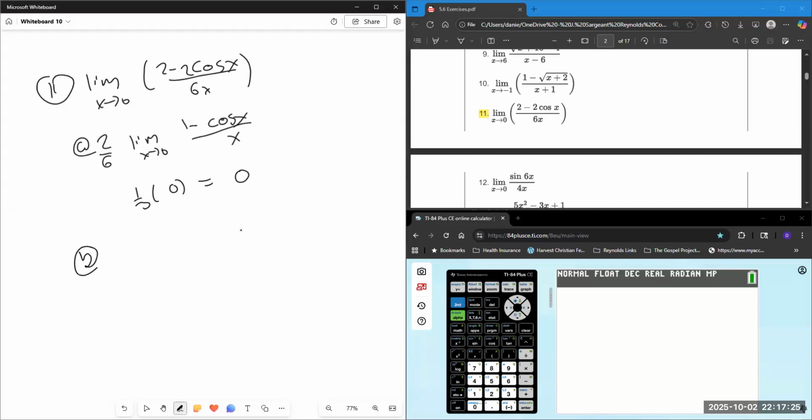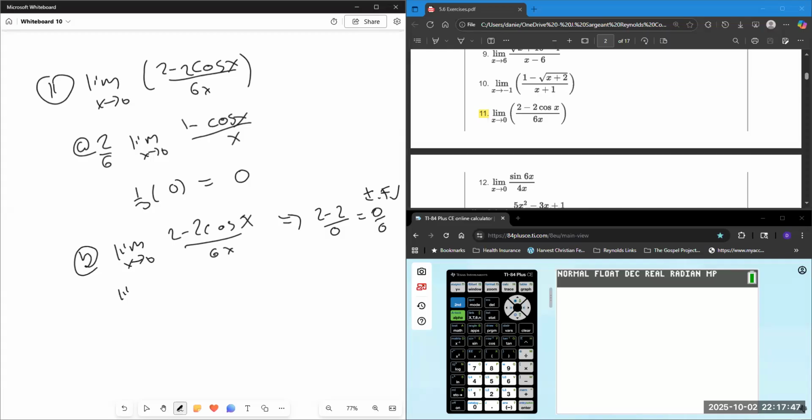Now let's look at the limit as x goes to 0 of (2 minus 2 cosine of x) over 6x. This is 2 minus 2 over 0, which is 0 over 0, which is an indeterminate form. That's good, and I get to use L'Hopital's rule.